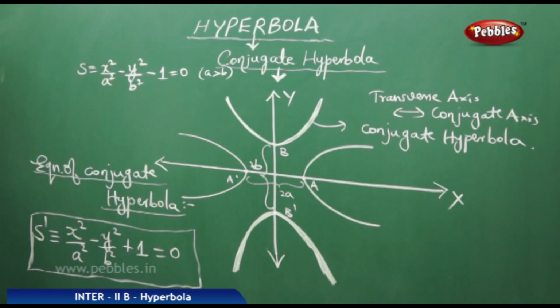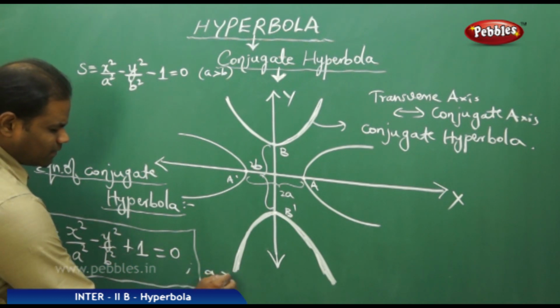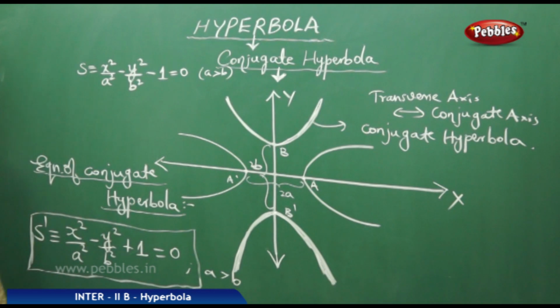This is how I identify the equation of the conjugate hyperbola, with a greater than b.